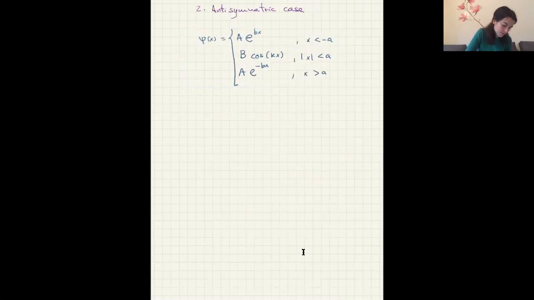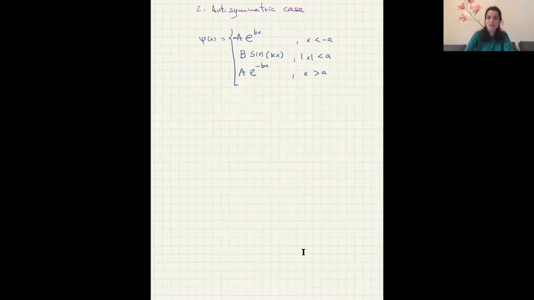Okay, so here, sine, and we also need a minus sign on one of the exponential bits.